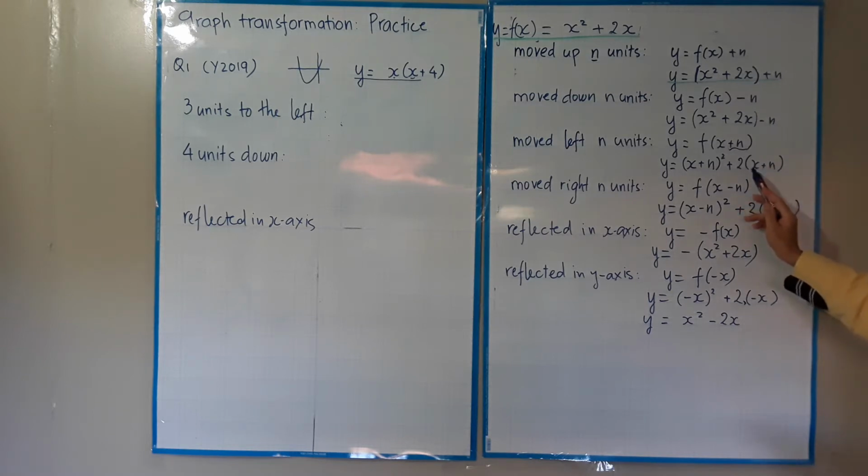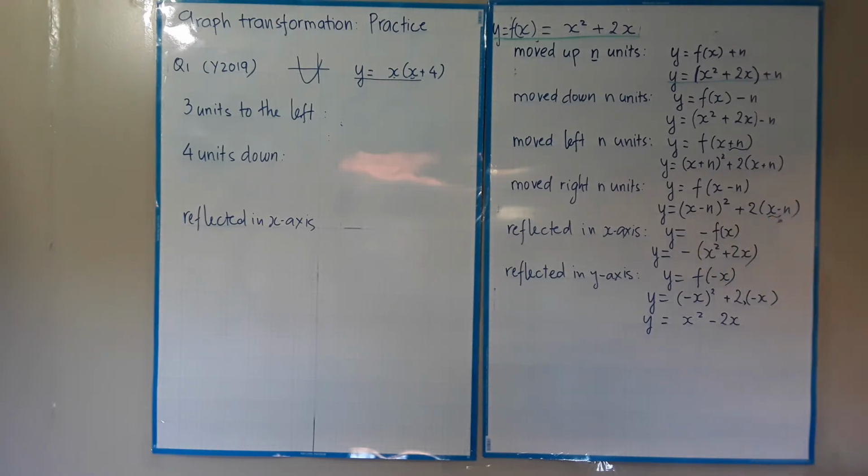It used to be x squared plus 2x. And similarly, if you move to the right n units, you substitute x with x take away n, and you would have (x take away n) all squared. Remember, it used to be x here, okay? And it used to be x here too.